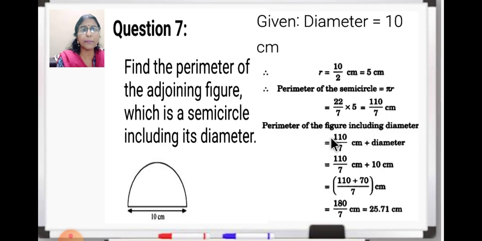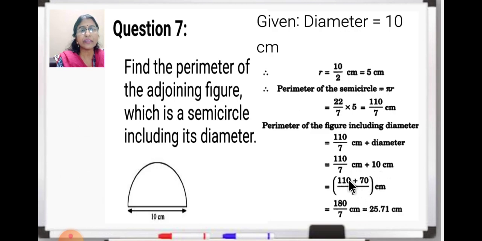Now we have to find the perimeter of the figure including the diameter. So for the perimeter of the figure we got 110 upon 7, and including the diameter. What is the diameter given here? 10 centimeters. So plus 10. And then we will take the LCM. Here 7 and here 1 in the denominator, so the LCM will be 7.